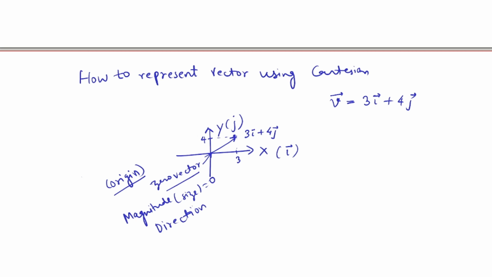This will give us the point 3i plus 4j, where the origin is actually the zero vector, whose magnitude is zero, but it has some direction. So this is the representation of a vector. The 3i plus 4j is actually a point in that space.